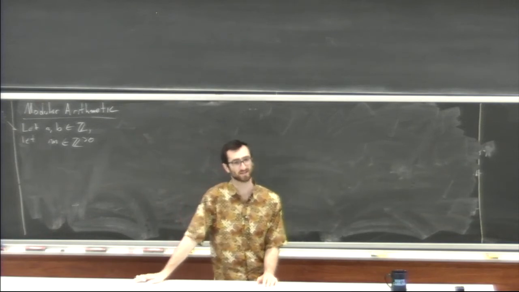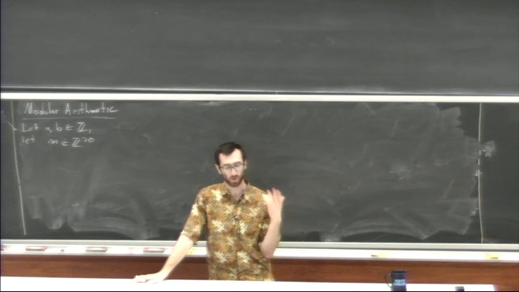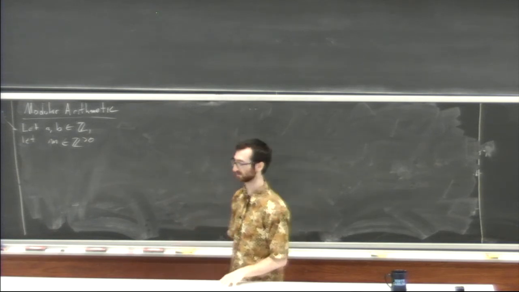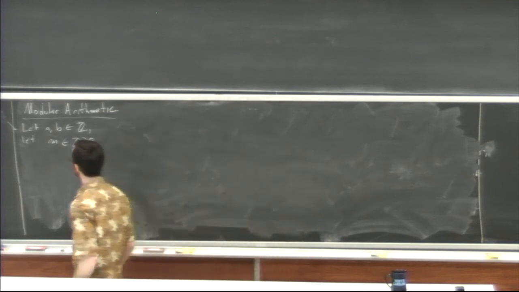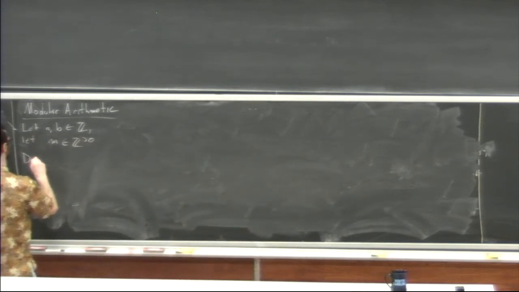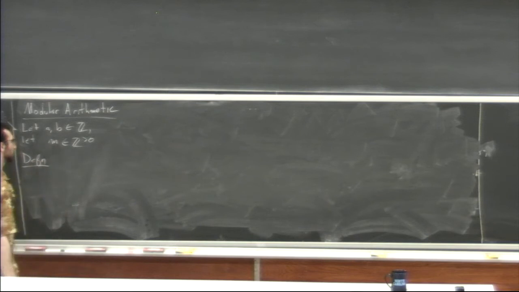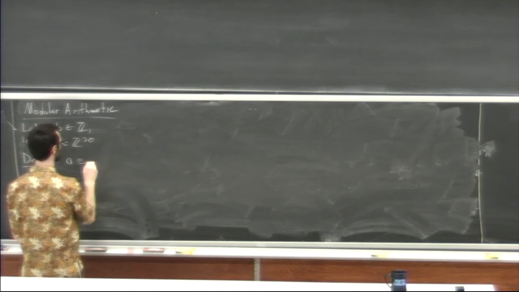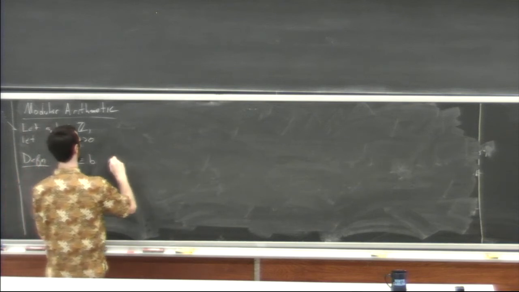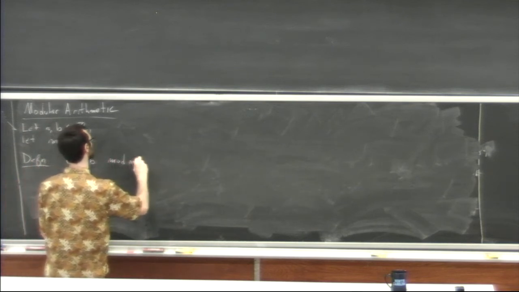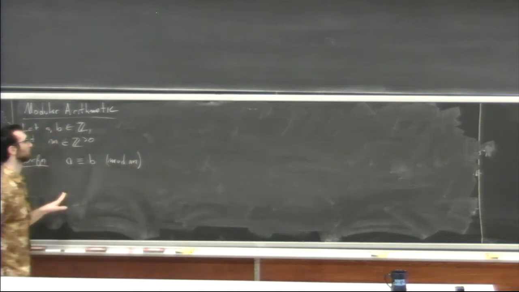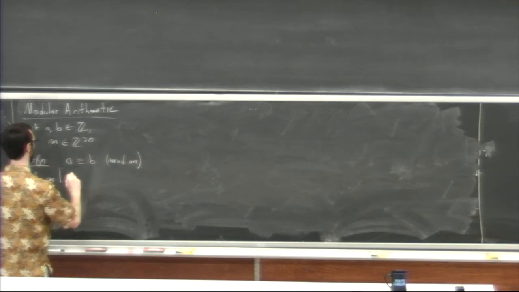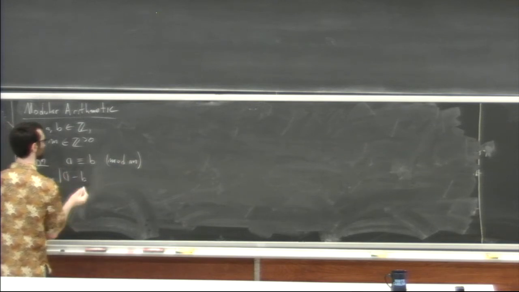And congruence is essentially the math that results when you only care about remainders. So it's more of the same thing. So definition, we define a is congruent to b modulo m if m divides a minus b.